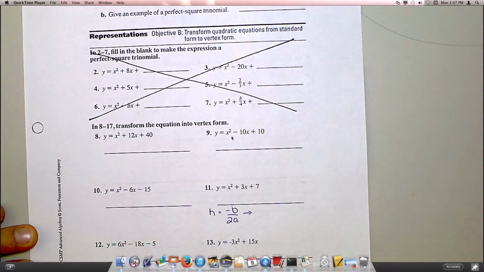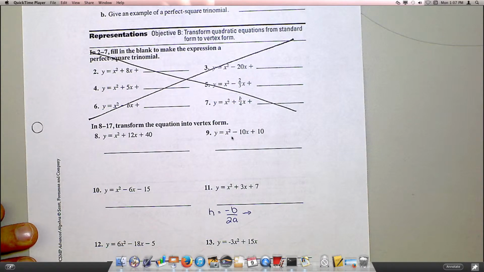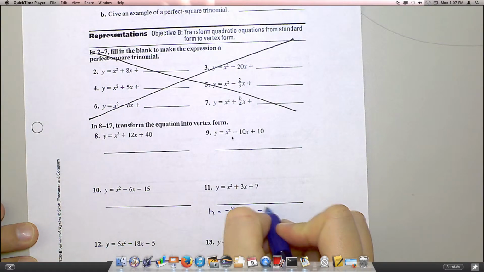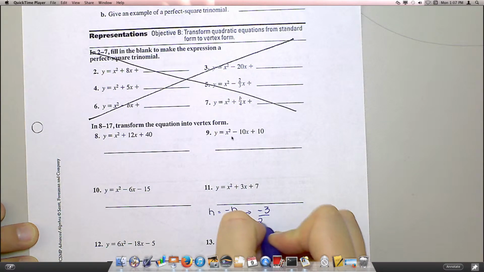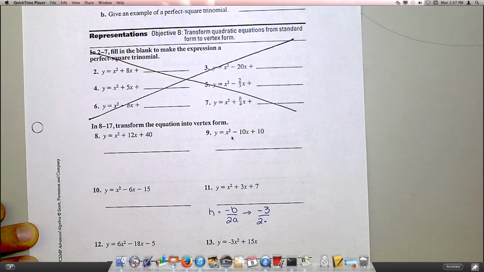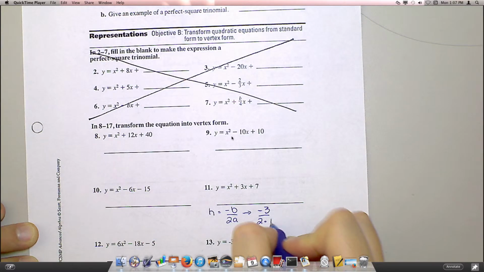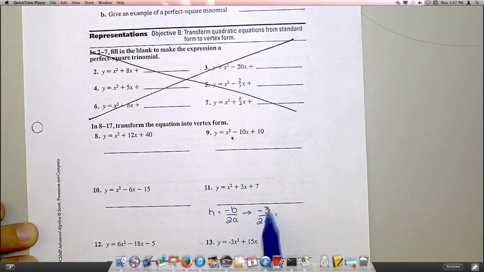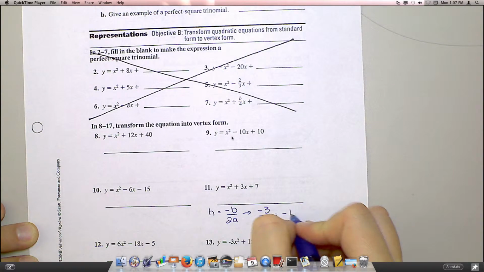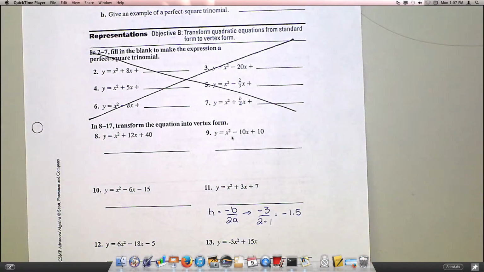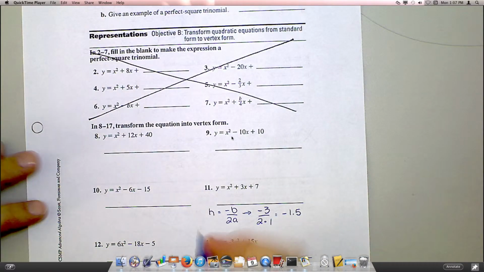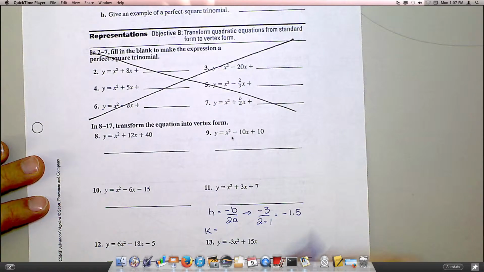So what am I putting on top there? Negative 3, good. Over 2 times, what's my a value? 1. So this is really negative 3 over 2, which is negative 1.5. Okay, that's my h value. Now for k, I'm taking that negative 1.5 and putting it here and here for x.